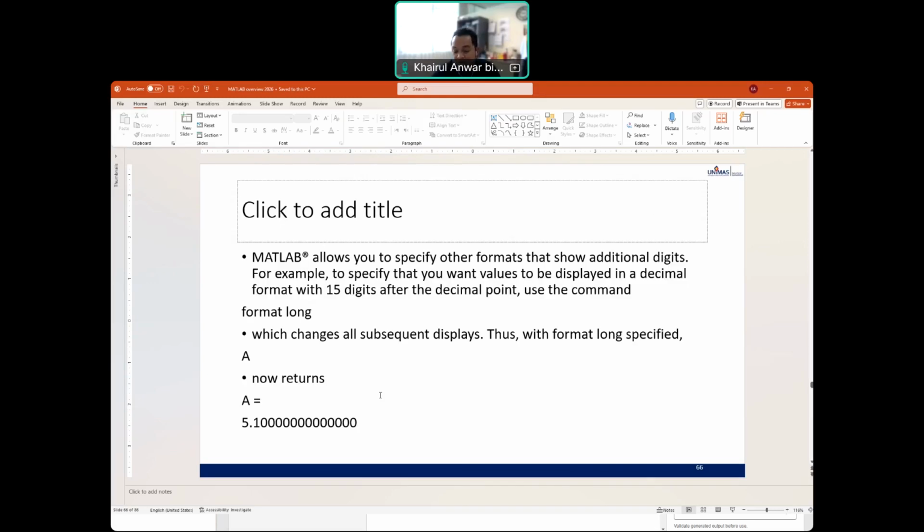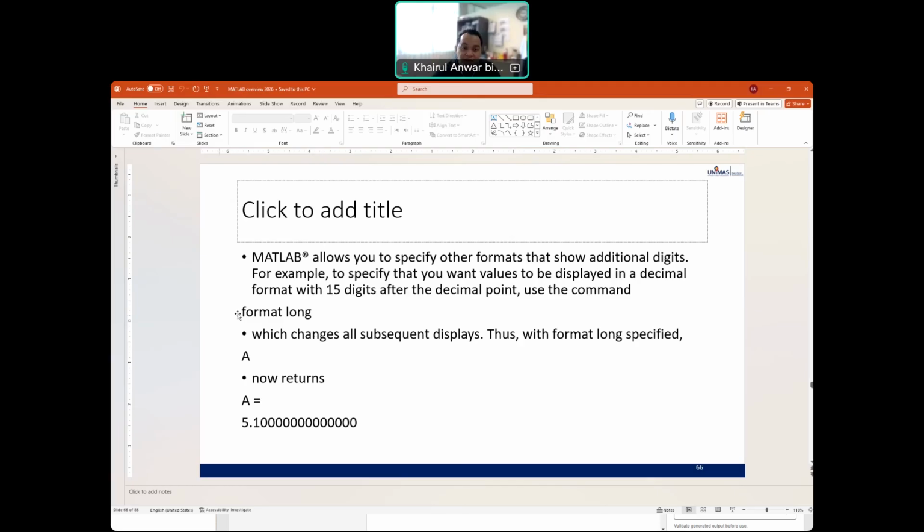This is the default format for MATLAB. So MATLAB allows you to specify other formats that show additional digits. For example, to specify that you want values to be displayed in a decimal format with 15 digits after the decimal point, use the command format long like this.